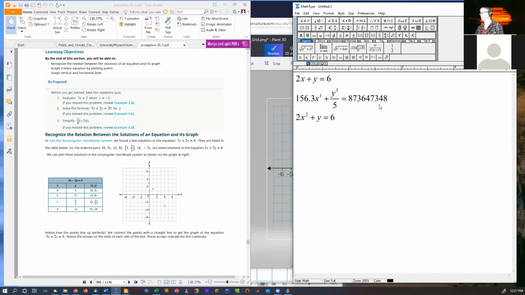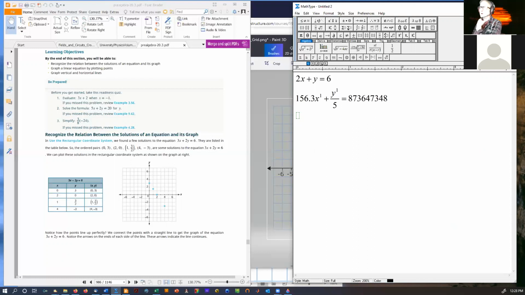But whenever you have anything else other than 1, it's not a straight line. So for example, if this were x to the 0.5, that wouldn't be a straight line. I don't know if that's confusing or not, but that's why we call them linear equations, because they plot as straight lines.